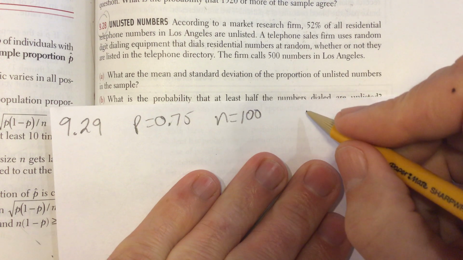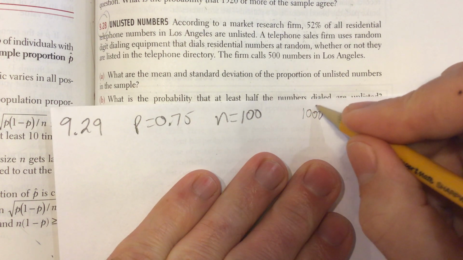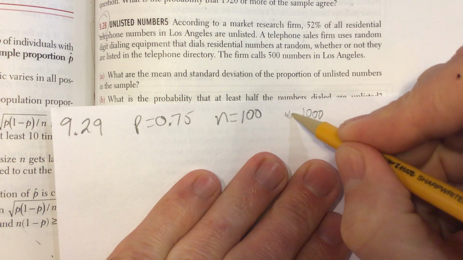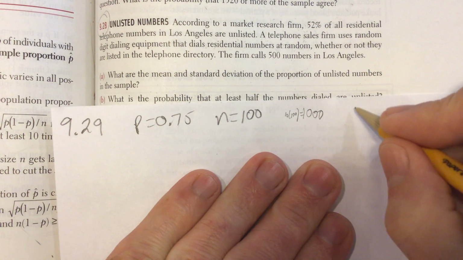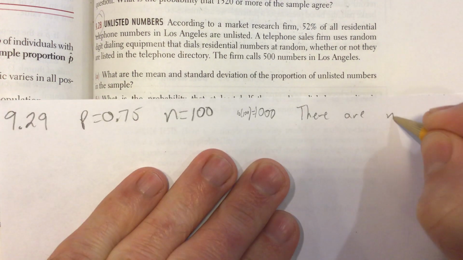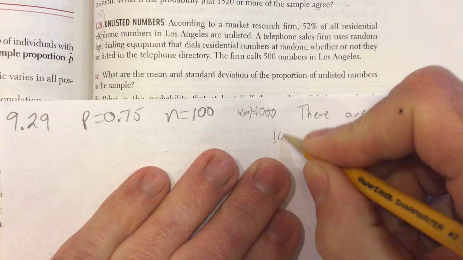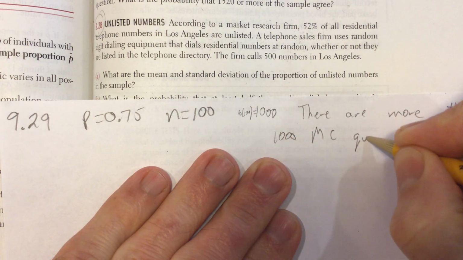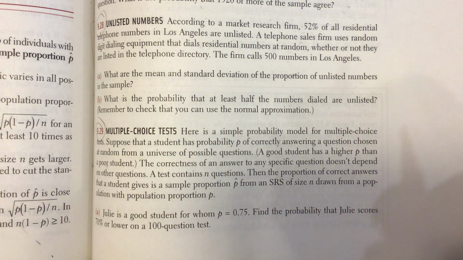Step 1. Well, I'll just say 10 times 100 equals 1,000. And we can say there are more than 1,000 multiple choice questions. Right.